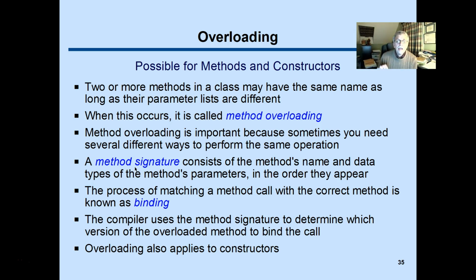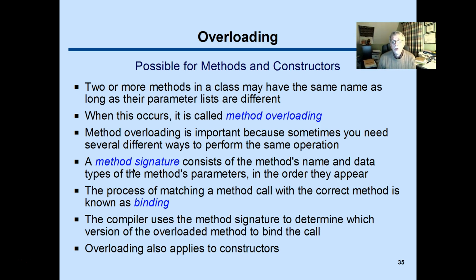Based on that, the runtime environment is able to ascertain which version is appropriate to run at a particular point in time. So when you have overloading, you have multiple instances of a method with the same name, but their signatures are different. They accept different parameters. And because they accept different parameters, the system is able to figure out which one to actually invoke.